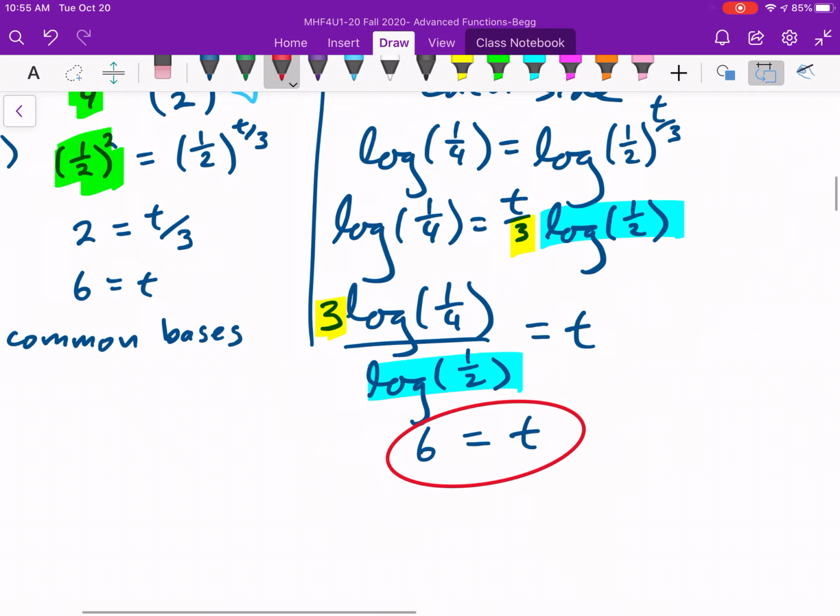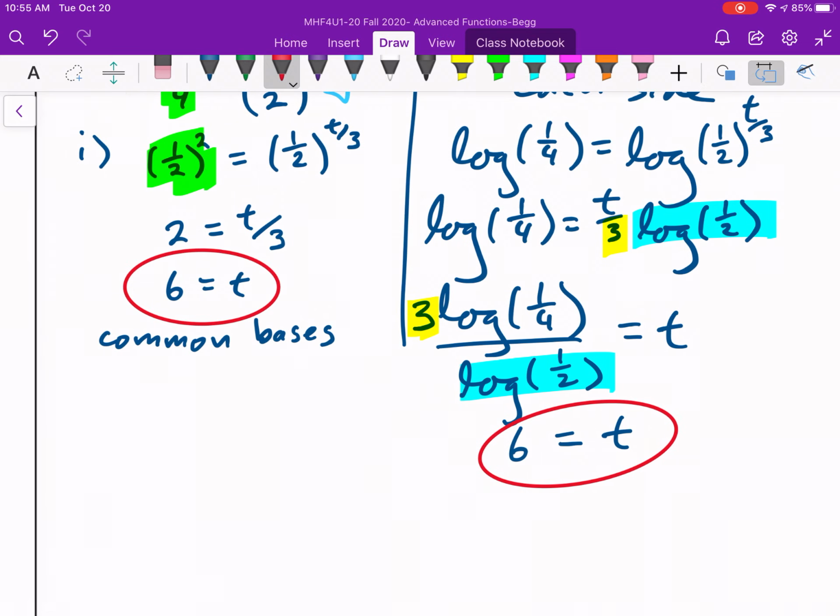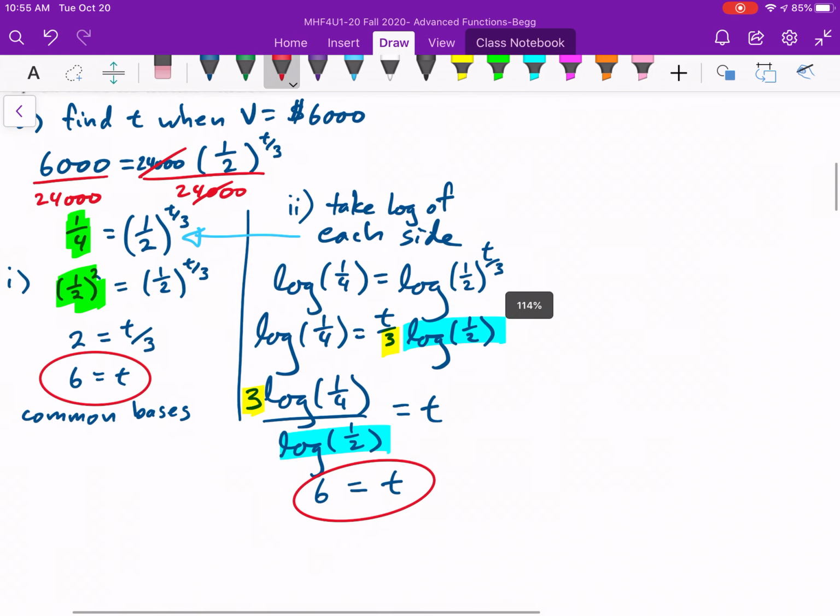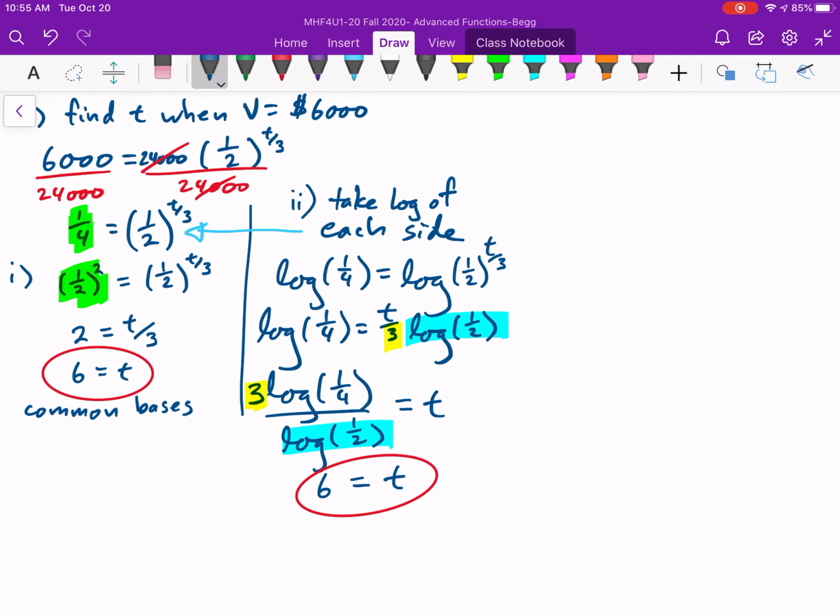Let's indicate our solutions here. And the final way that I could see of doing this, and not necessarily in any particular order, these are just the order that they occurred to me, I could just rewrite our exponential equation into logarithmic form.